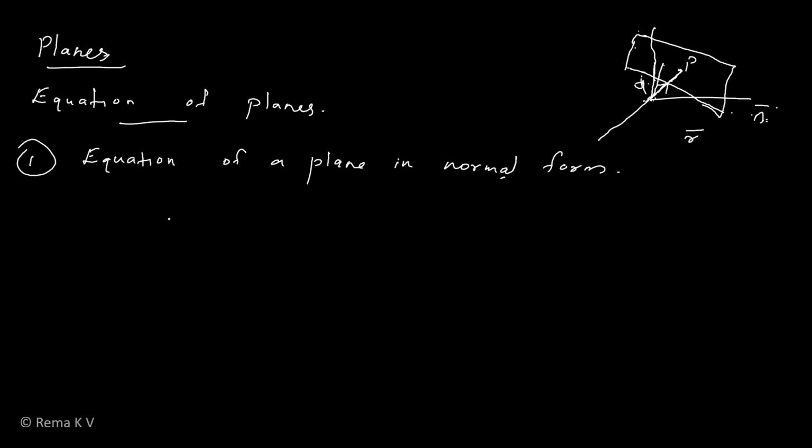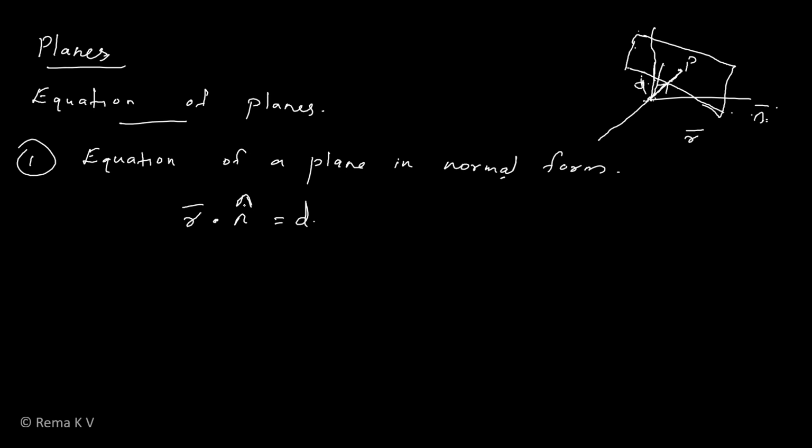Then the equation of the plane is vector R dot N cap is equal to D. This is the equation of the plane in normal form.